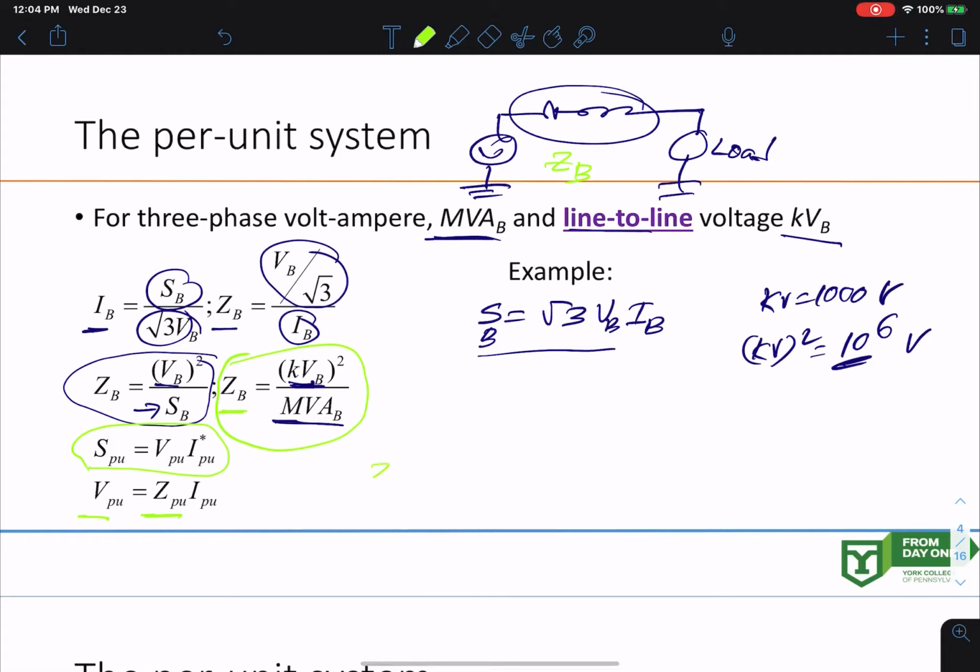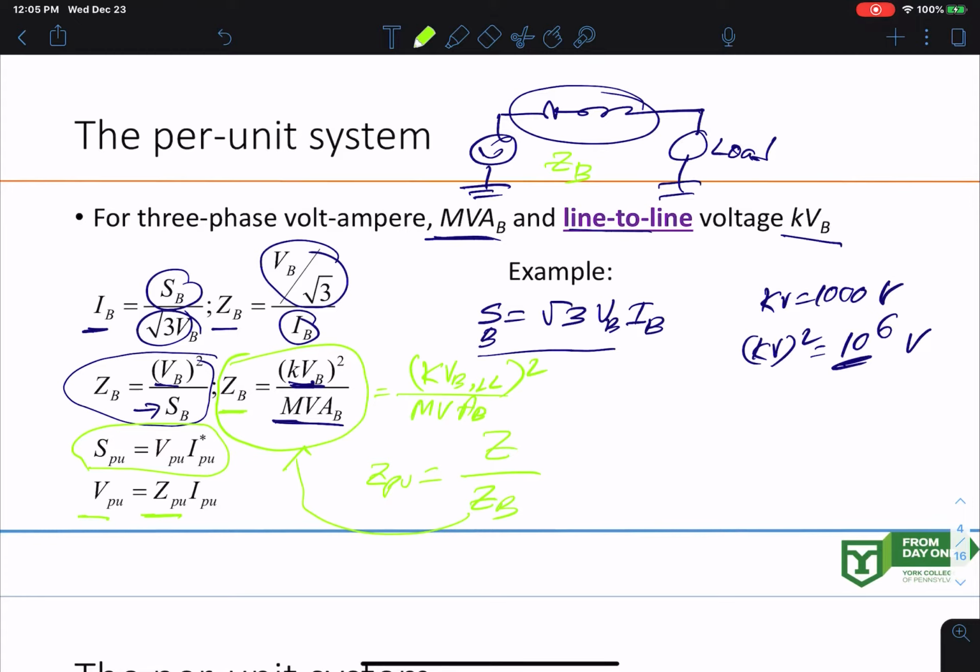Per unit impedance, as you have seen for the last one, is actual impedance over base impedance. And how to find base impedance is right here. Again, it's line-to-line kV, let me emphasize, line-to-line squared over megavolt-amp base complex power.